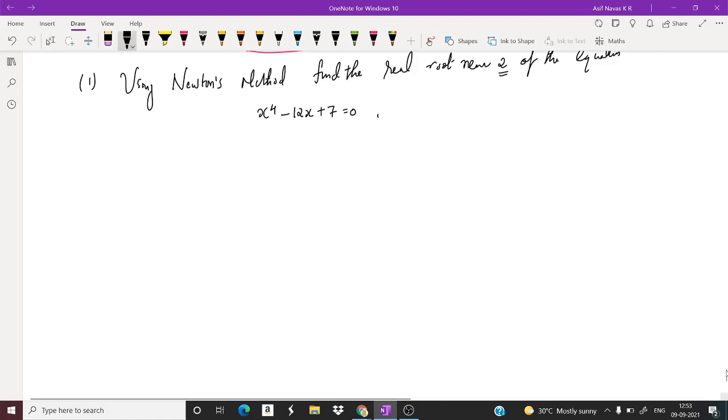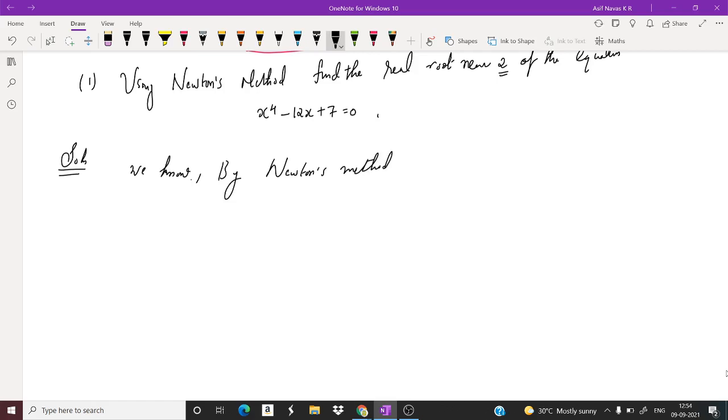Okay. So solution. We will use Newton's method. By Newton-Raphson method, the iteration xn plus 1 is equal to xn minus f of xn divided by f dash of xn.